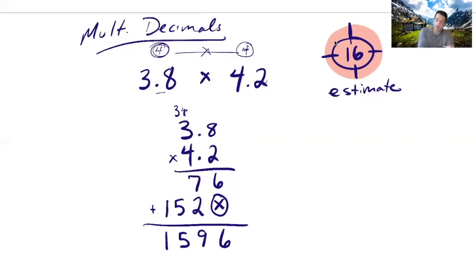And you should stop right here and say, whoa, 1,596. No, this is where we add our decimal point. Now, our standard method of doing this is count how many decimal places were in your original problem. Sounds like a lot, but it's very simple. We had a decimal place here, and we had a decimal place there. So in total we had 2 decimal places.